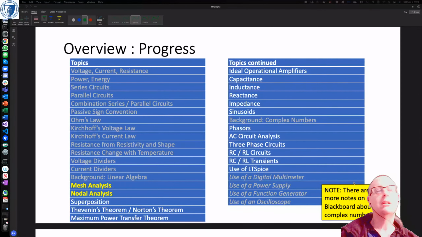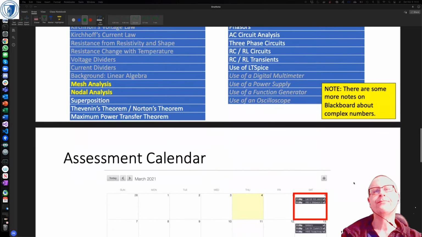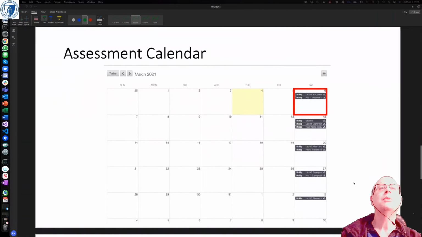And I haven't highlighted anything new on this list. We're going to, like I said, recap on mesh analysis and maybe do a little bit more on nodal analysis, particularly about super nodes. And that's where we are.